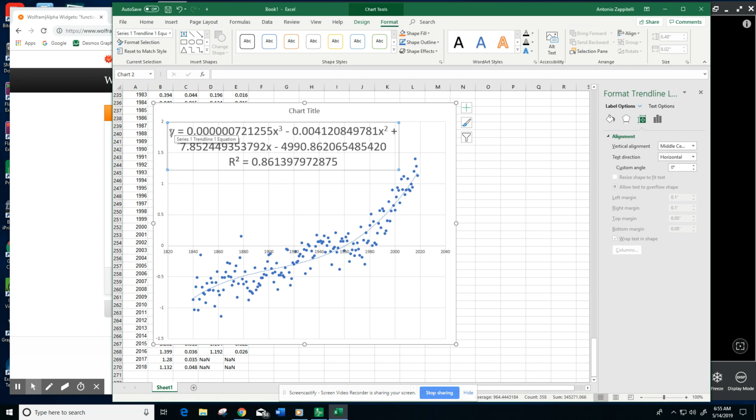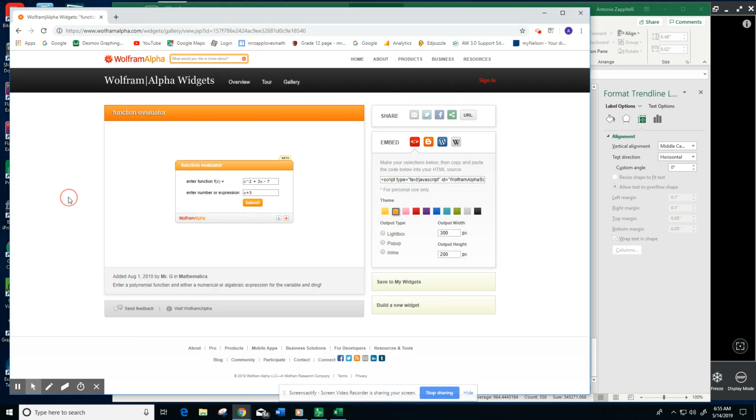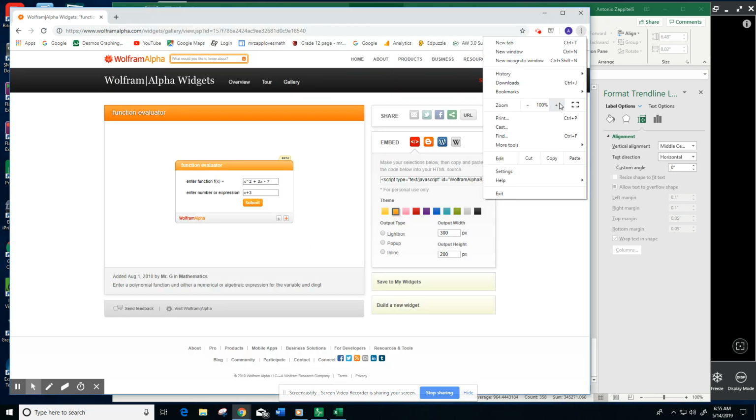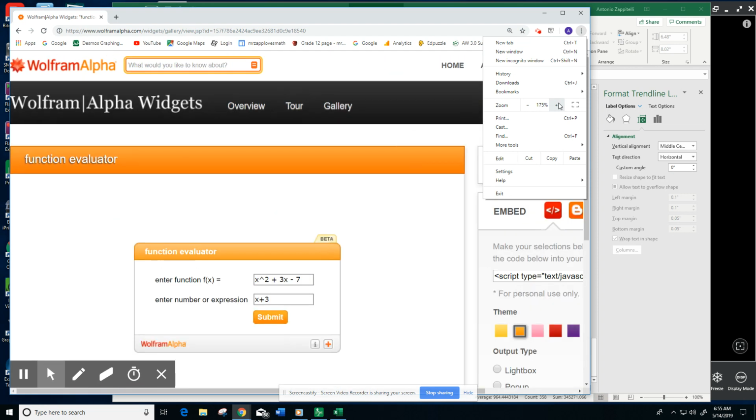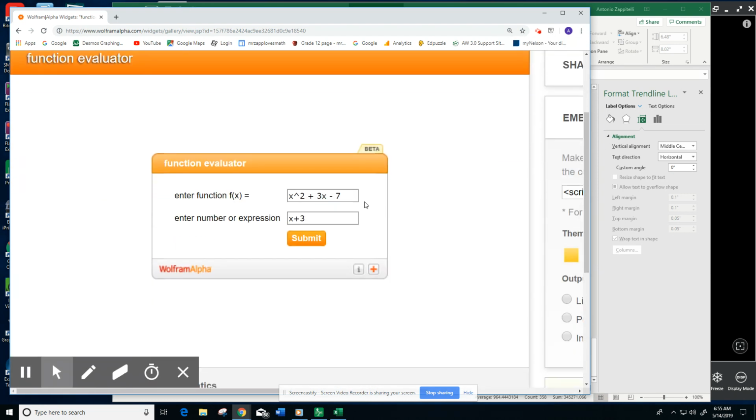So I'm going to go here, and instead of typing it out, I'm just going to press Control C to copy this. Let's make this a little larger so that we can see it nicely. And I'm just going to now do Control V, and you see that it copied it straight into my entry line.